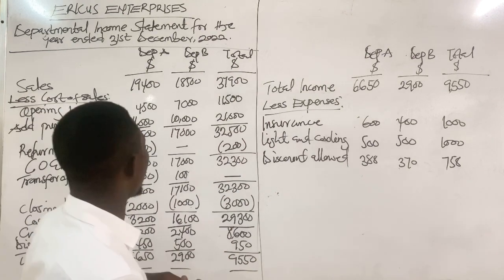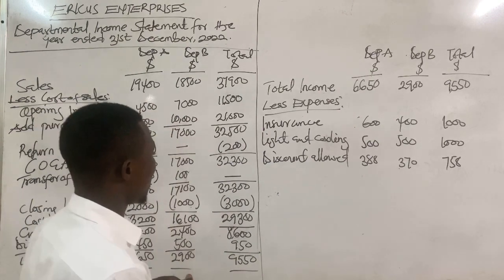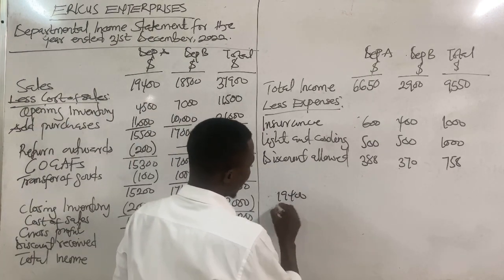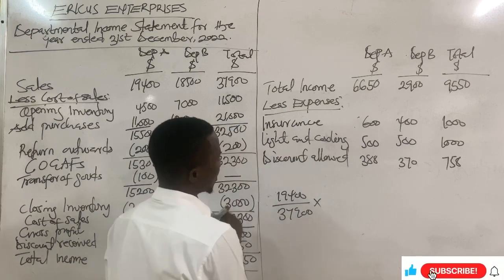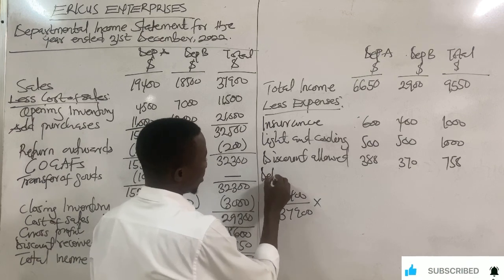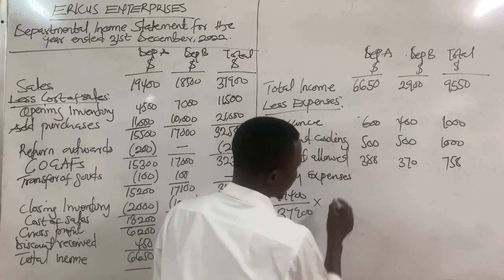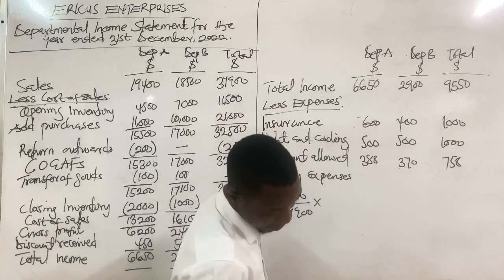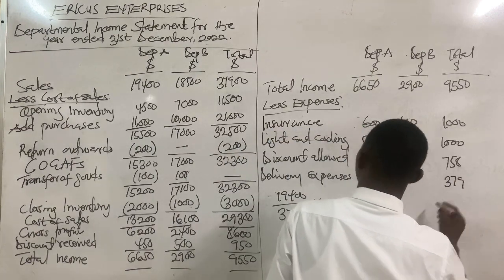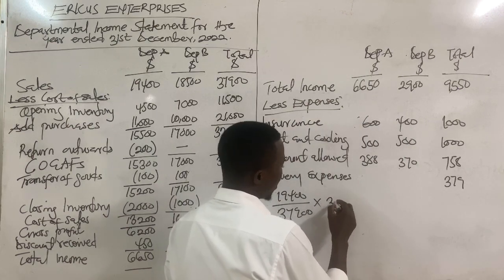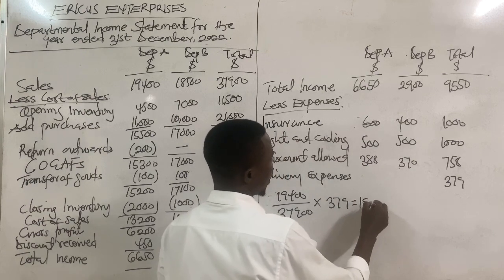So the portion of the total sale for department A is 19,400 divided by the total, which is 37,900, multiplied by the delivery expenses. The total of the delivery expenses is an amount of 379, so you multiply by 379, and that is going to give us $194.